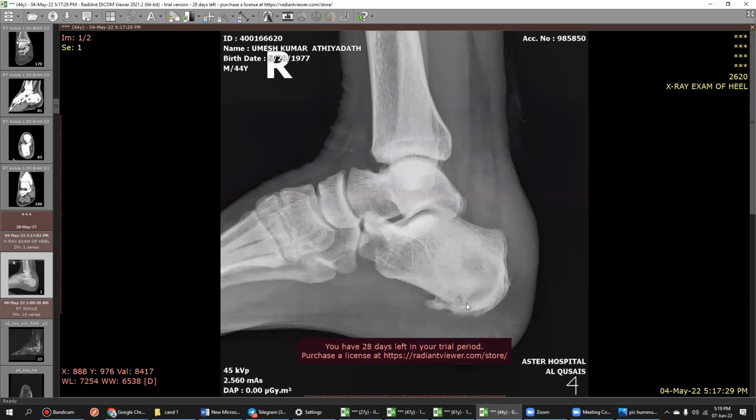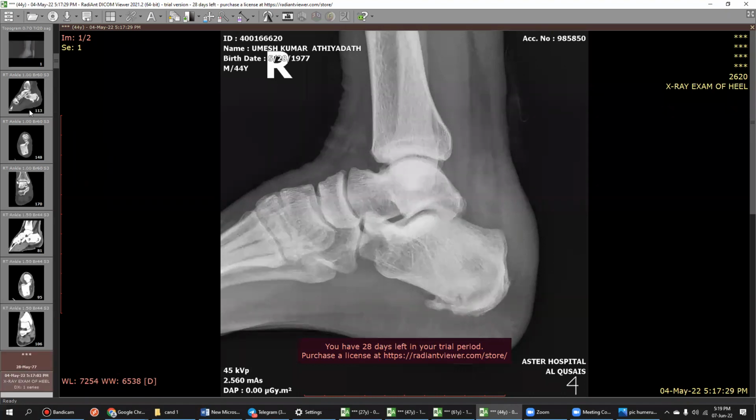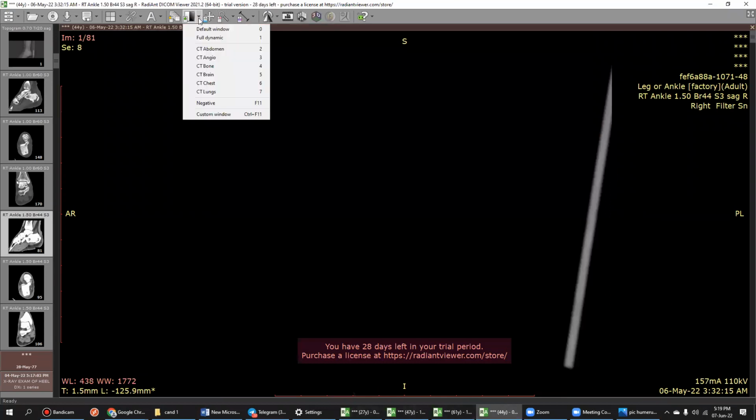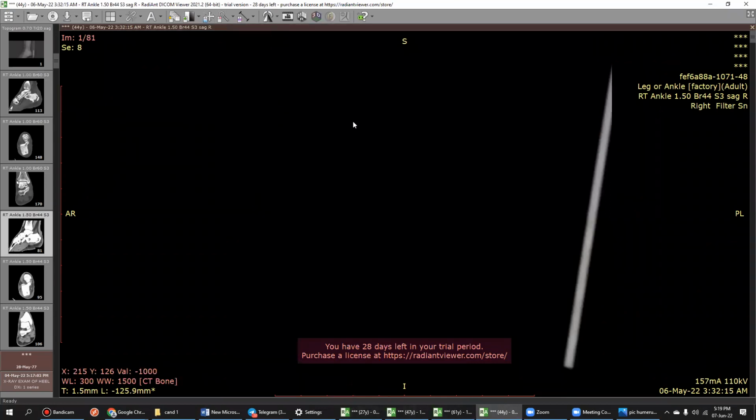So this is chronic sclerotic change surrounding a lytic lesion. It could be a sequestrum of an old infection, osteomyelitis. I would like to see CT or MRI of this patient, and if there are previous images, it's better to see the progression of the condition.